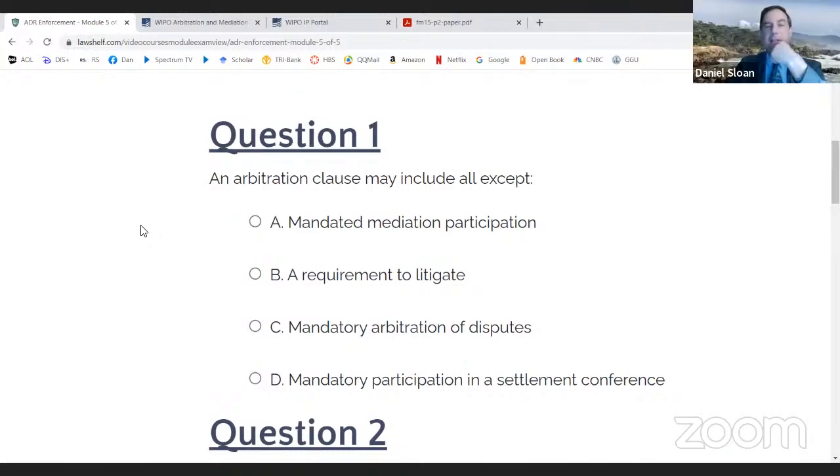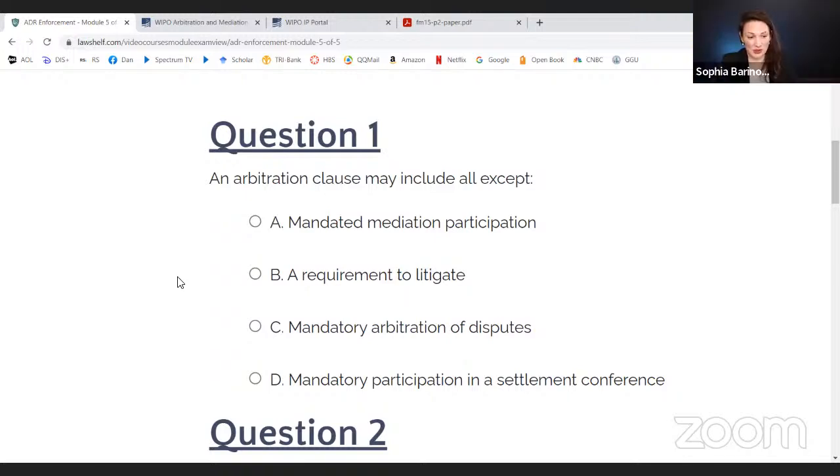Let's see what people think, and then we're going to get into them. So some people thought it was B, and someone thought it was D. Let's try them in order and see how we come up.